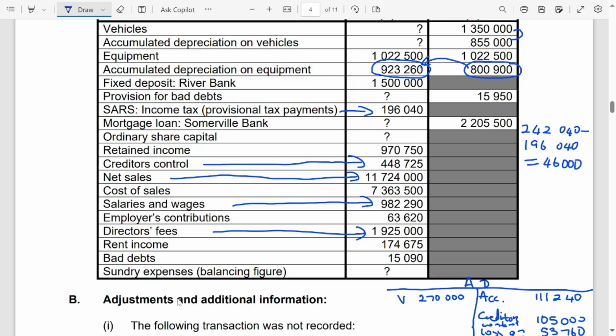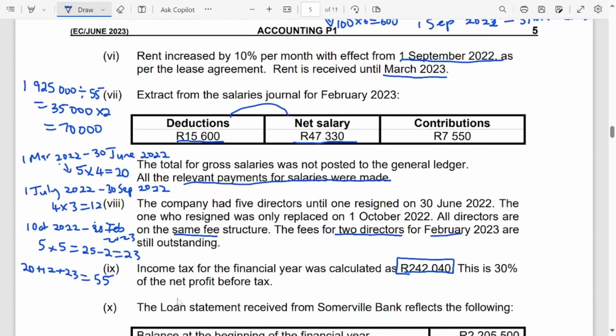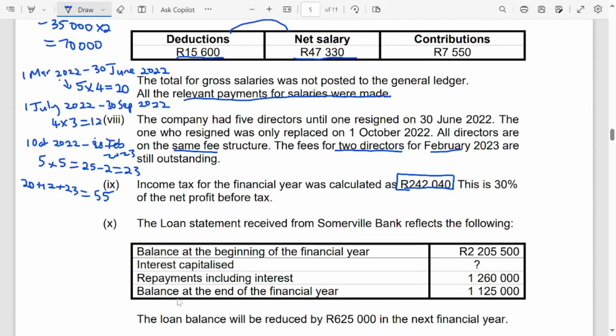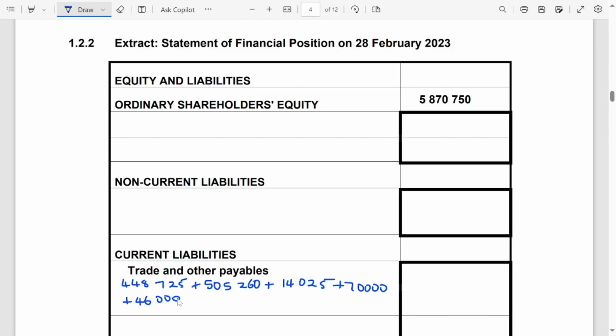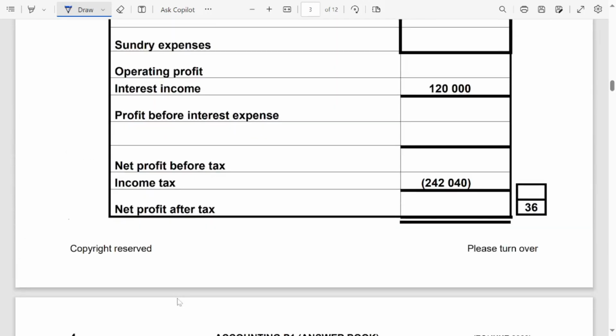So then let's come back here. Because we are given the income tax of 242,040, it is 30%. So let's go to the income statement. It's recorded here.